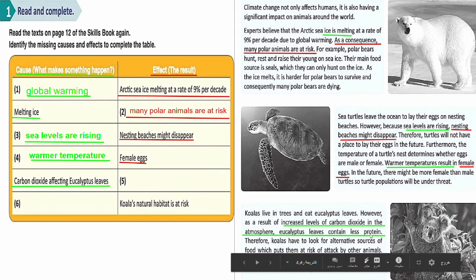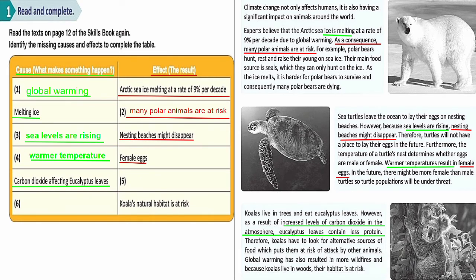So it contains less protein. When the carbon dioxide affects eucalyptus leaves, the latter ones contain less protein. So the effect is what? Koala have to look for alternative sources of food. Excellent. You look for alternative sources of food.